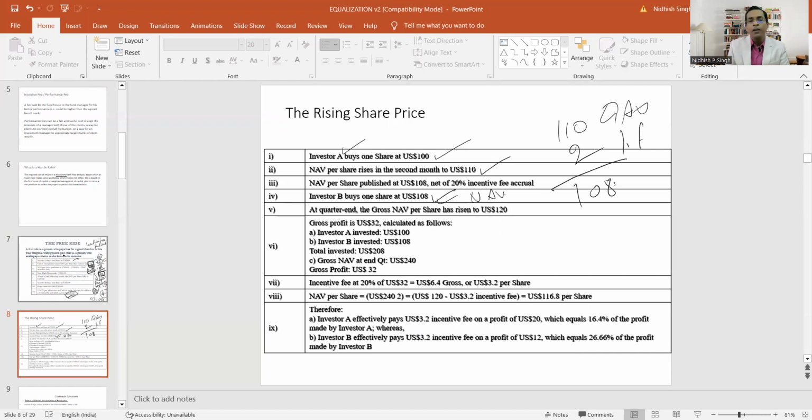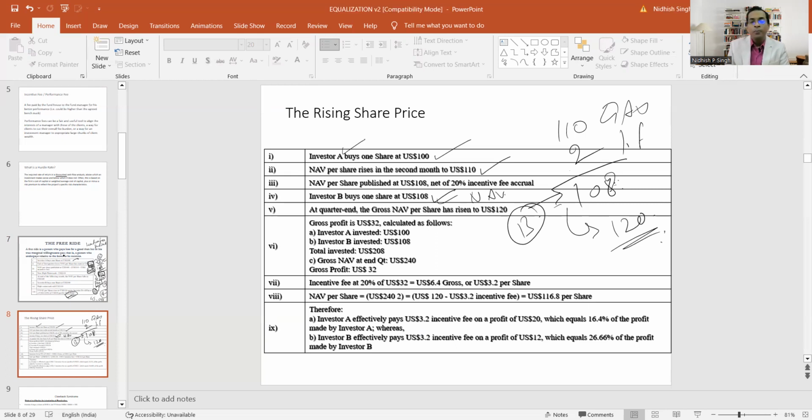Now, at the end of the quarter, the share price again goes to 120. Now, consider that at this point investor B has entered and has subscribed at 108. So in this case, investor B will have to pay incentive fee as much as A.